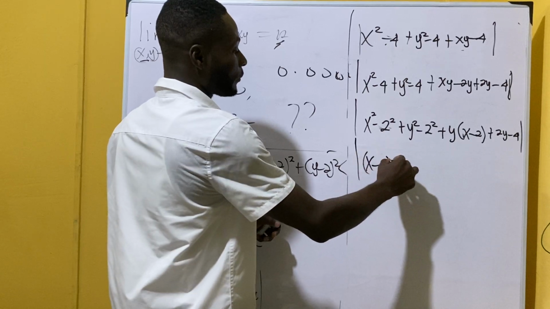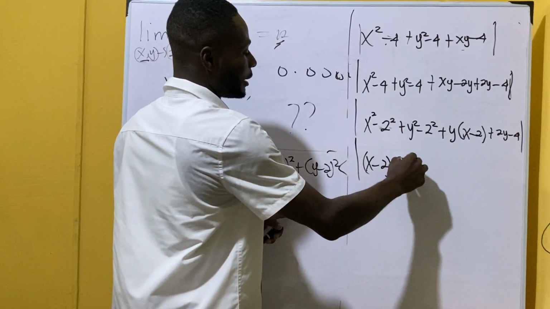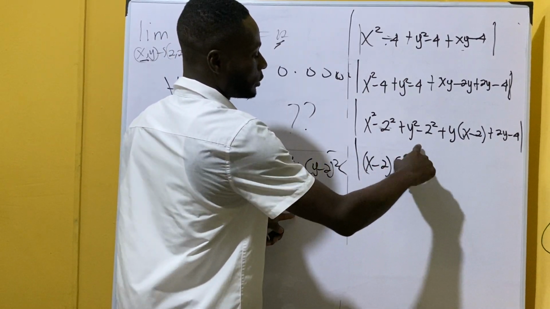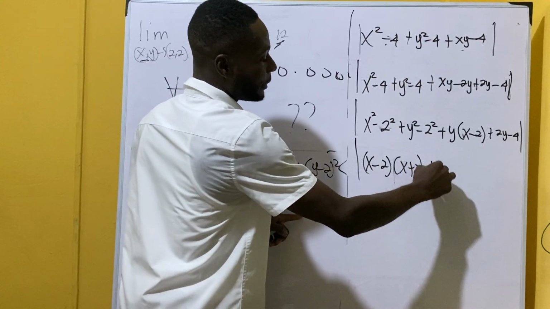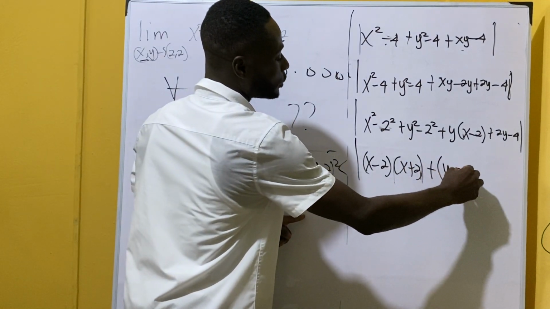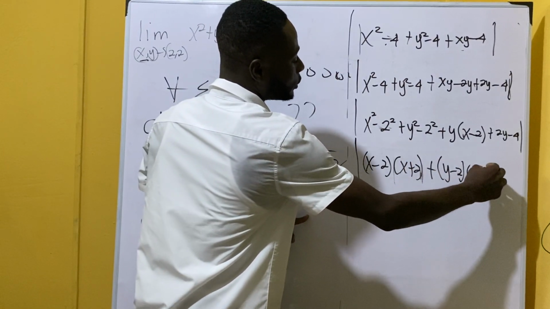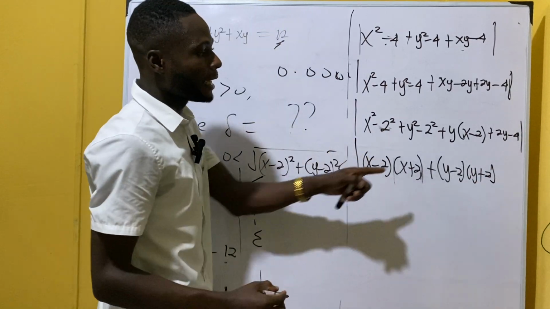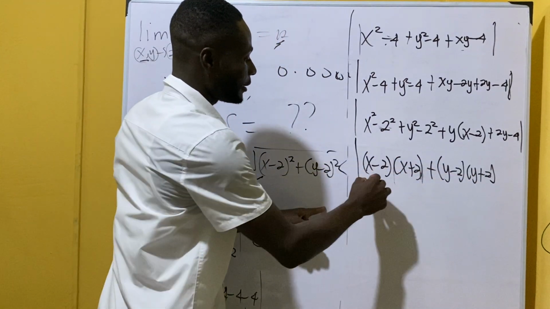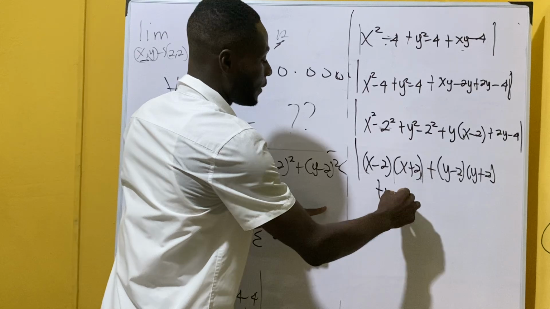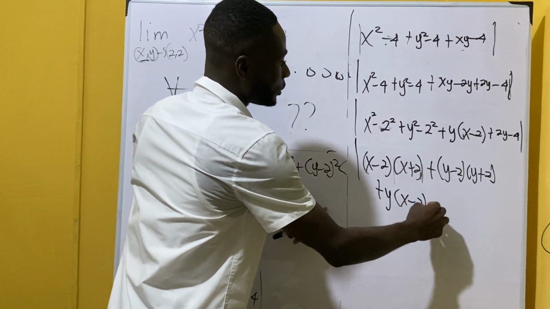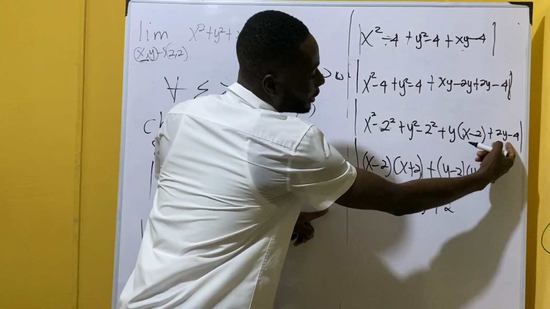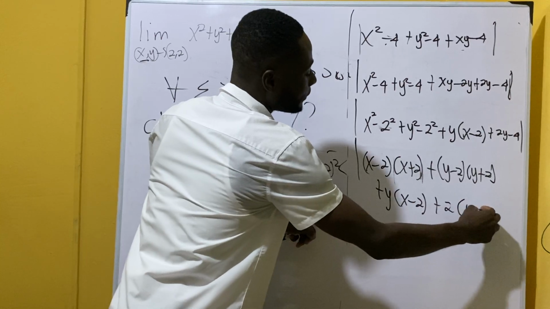Right? So from here, we can break it down, and then we can have the absolute value of x minus 2 times x plus 2, plus y minus 2 times y plus 2, and then plus y times x minus 2, plus 2 times, we factor 2 out, y minus 2.